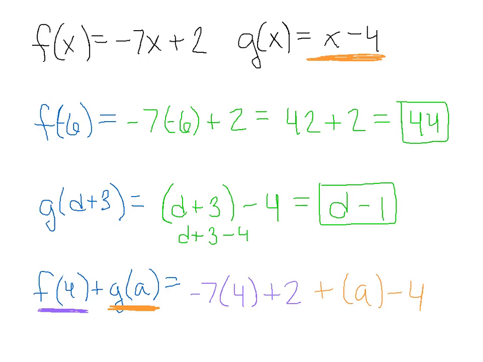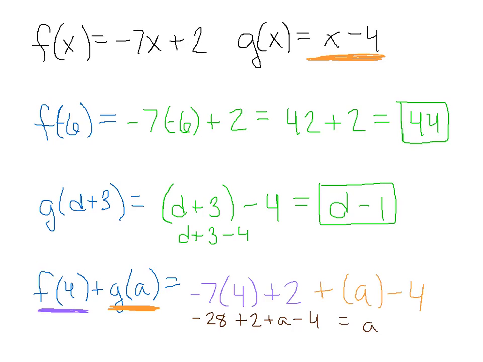I'm going to use a different color at this point because what I'm going to do is simplify. I'm going to simplify by combining like terms and using order of operations. I have negative 7 times 4 is negative 28 plus 2 plus a minus 4. Once you combine all your like terms, you end up with a.